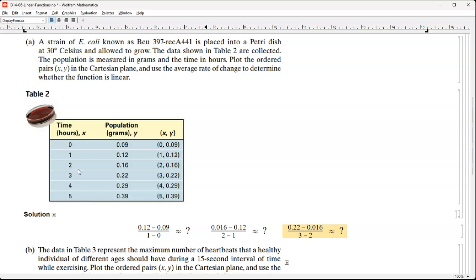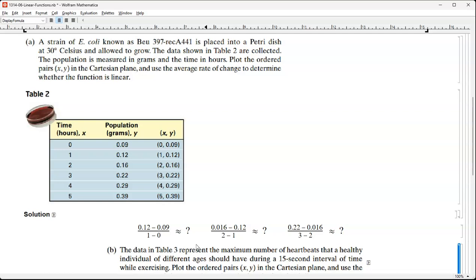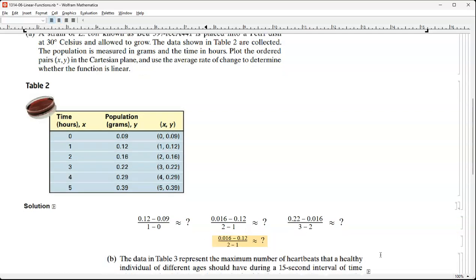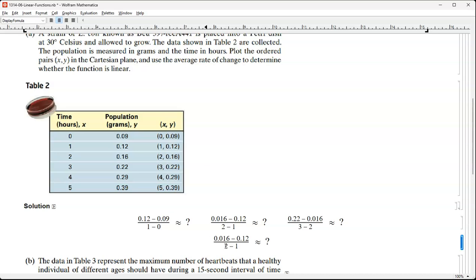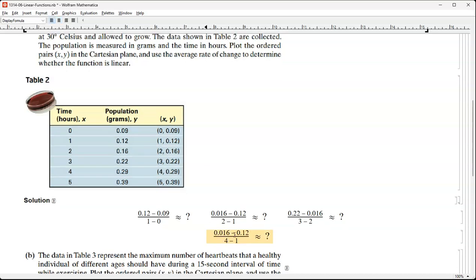That's not all. If you want to do 1 to 4, okay, so there, and 1 to 4 is 0.29.